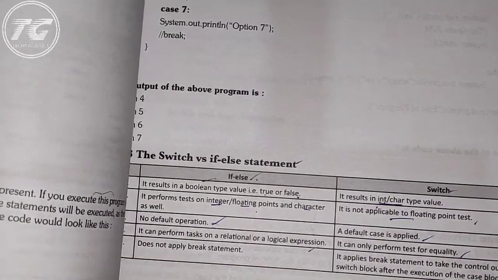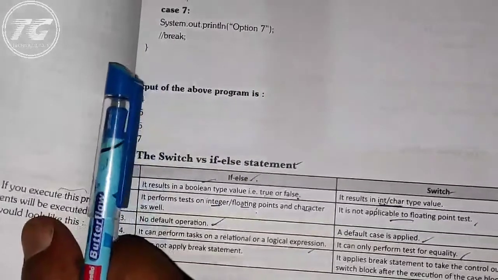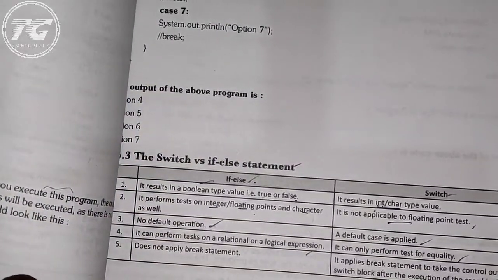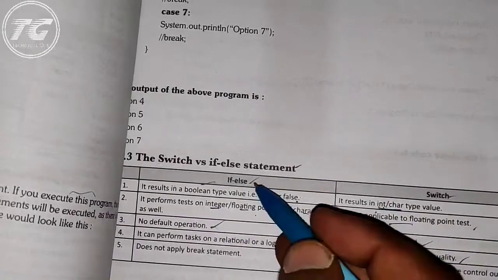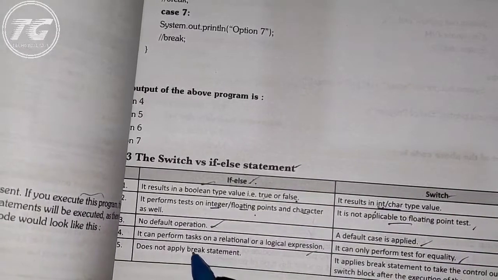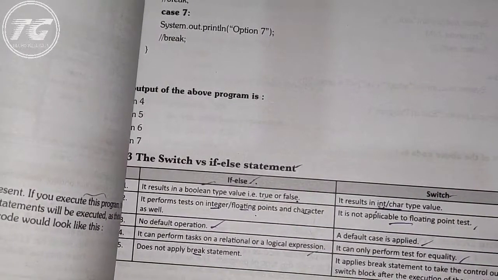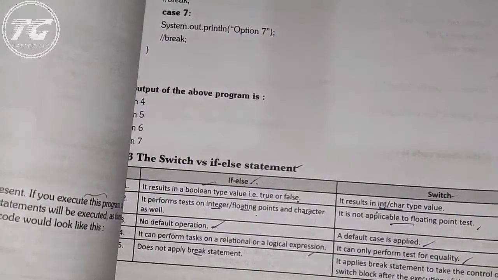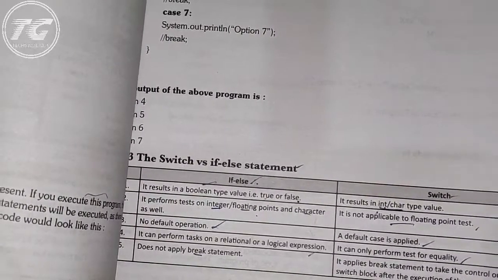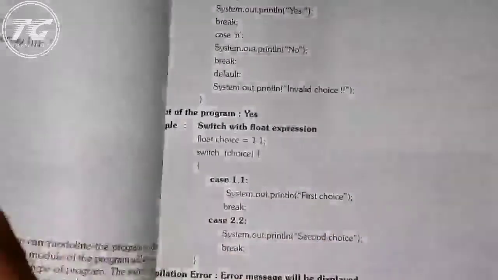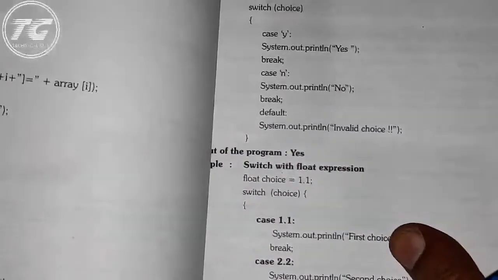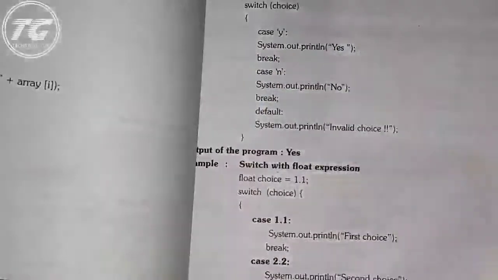So if the values are equal, only that case will be executed. Then in if else we don't need any break keyword, but in the switch case we need to apply break keyword after every case. So this is the difference between if else and switch statement.